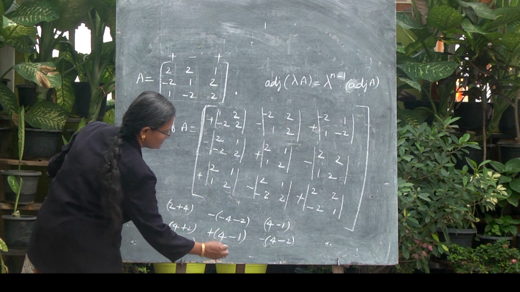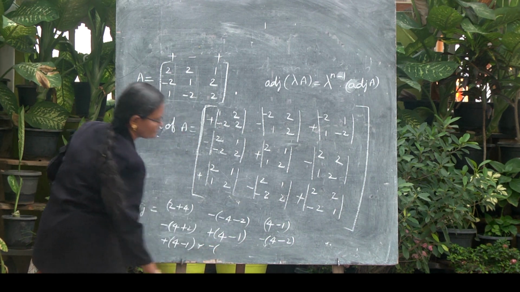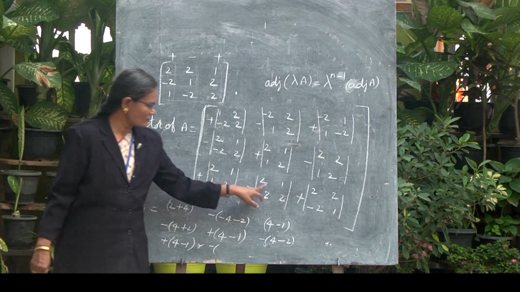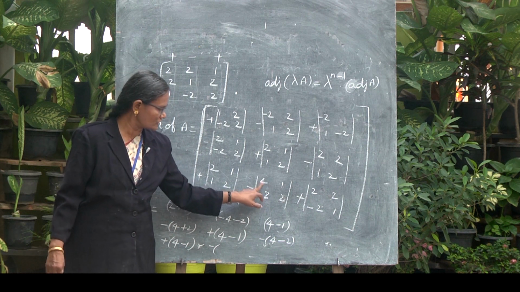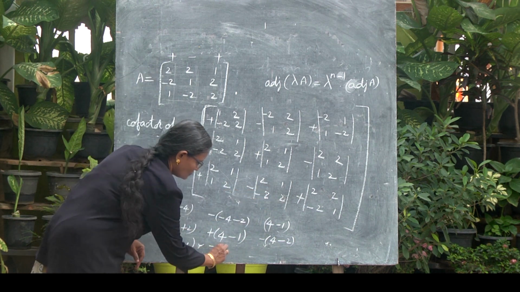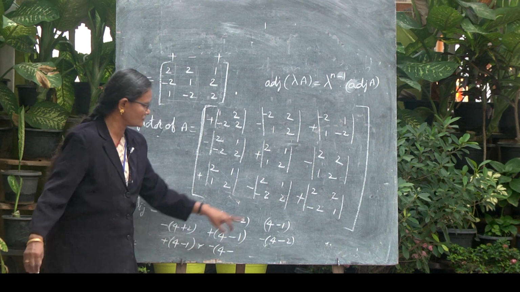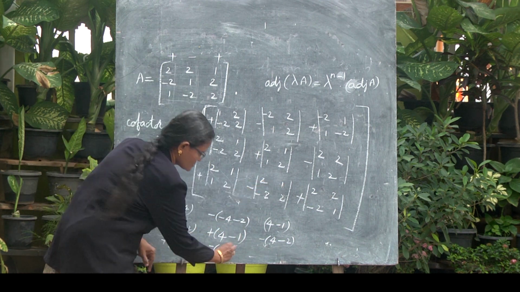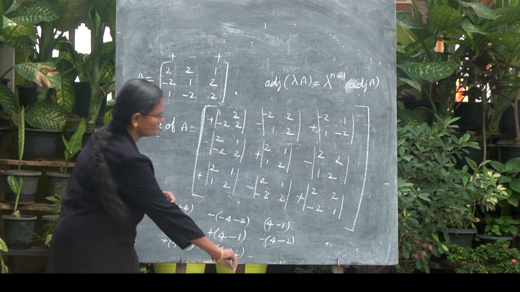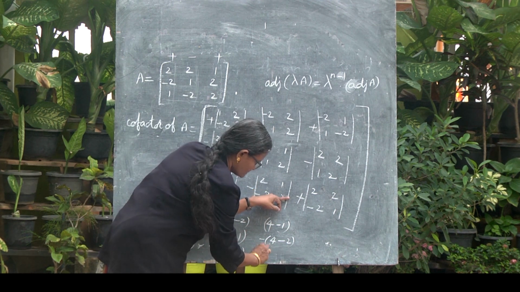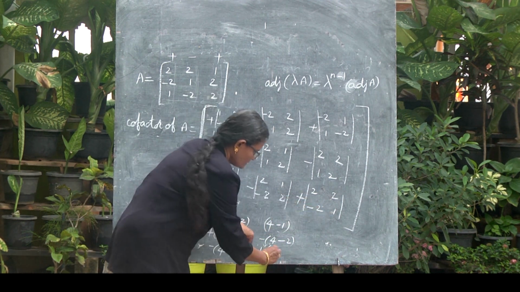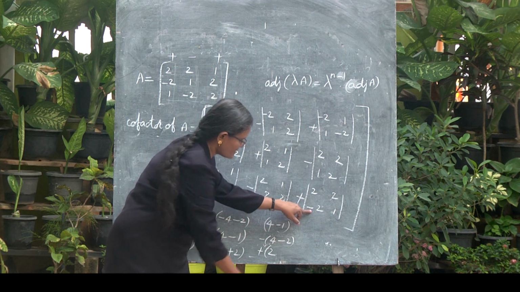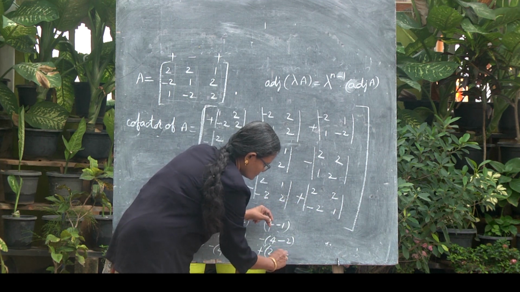Then minus 1. Next, how can we find out the determinant value? 2 into 2, 4, then minus of minus 2, we get plus 2. Next one, plus 2 into 1, 2, then minus of minus 2 plus 4.